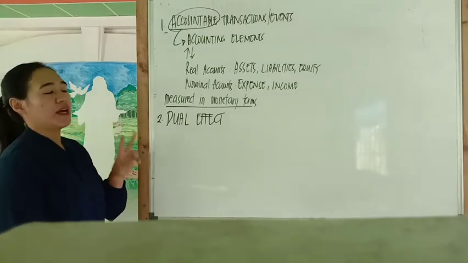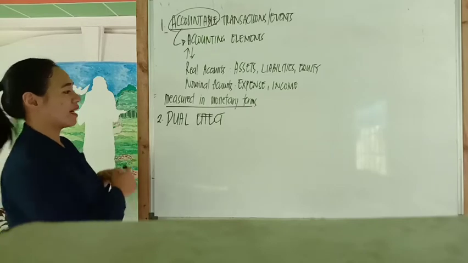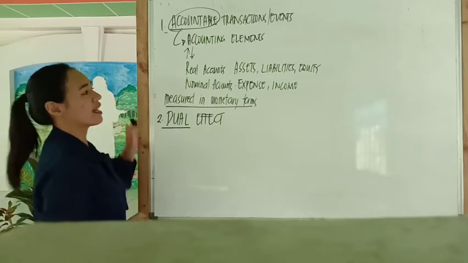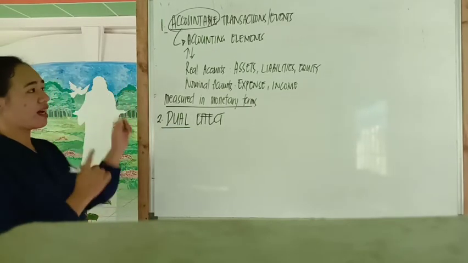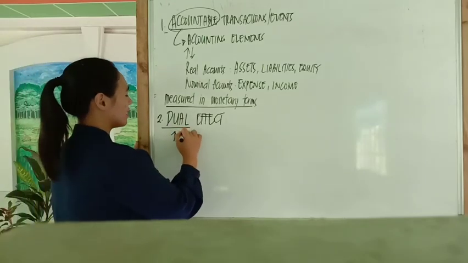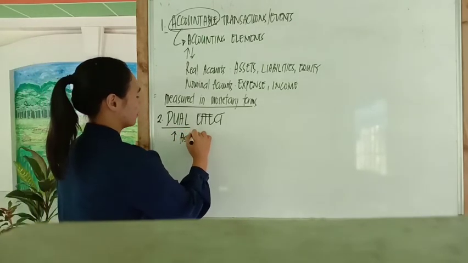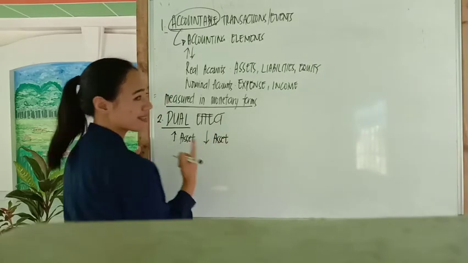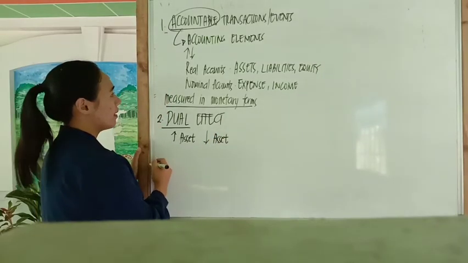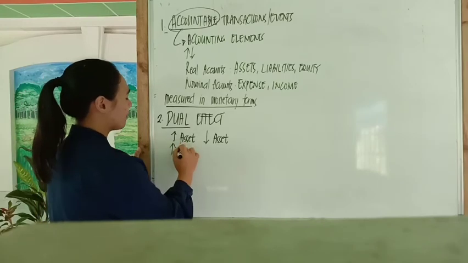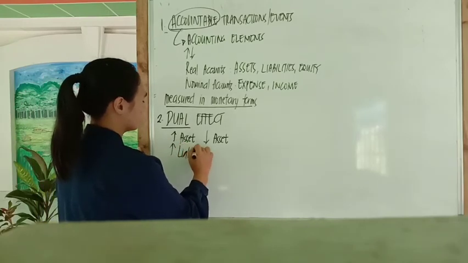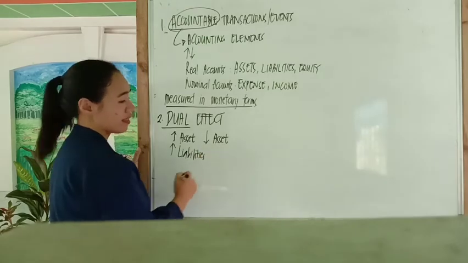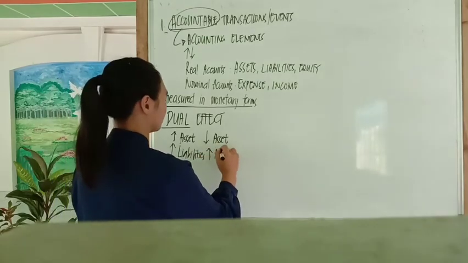Meron at merong dalawang effect kasi nga dual sa accounting elements. Either increase in asset and then decrease in asset. Example itong mga to. Increase in liabilities and then increase in asset.